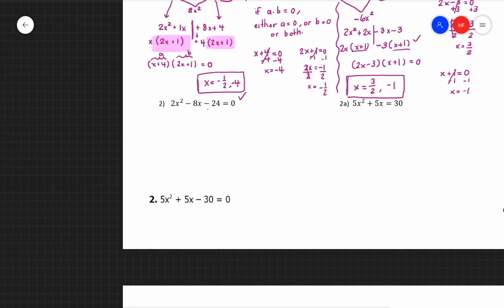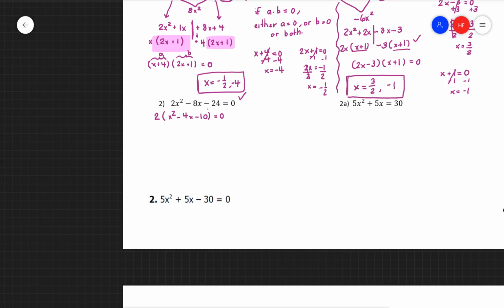So whenever we have a GCF across the entire problem, we need to take that out first. 2, 8, 24 can all be divided by 2. So I'm going to take out a 2 first, divide each term by 2, so I get x squared minus 4x minus 10 equals 0.